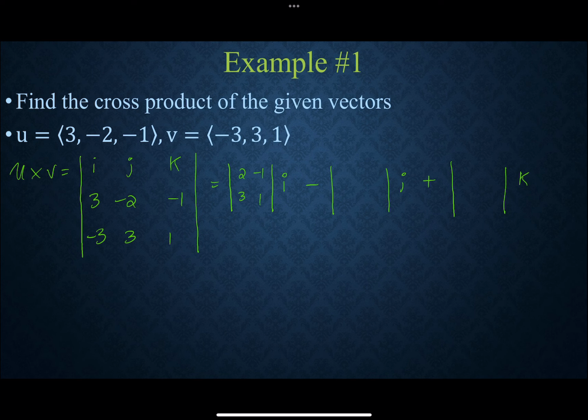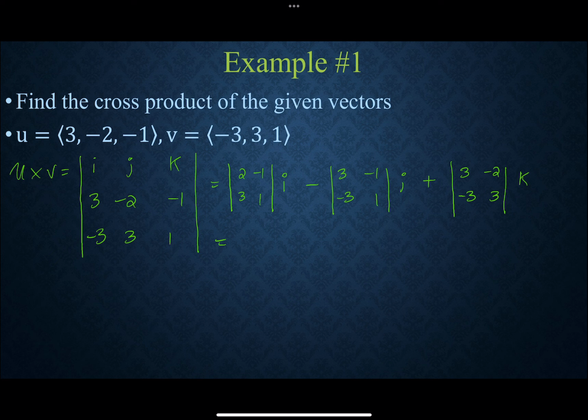For J, we're going to ignore the J column and J row, so it's going to leave us 3, -1, -3, 1. Notice that for the middle term with the J, you're always going to subtract that determinant value. So it's always positive for the I, negative for the J, and then positive for the K. For K, same process. We ignore the K row and K column, so it's going to be 3, -2, -3, 3.